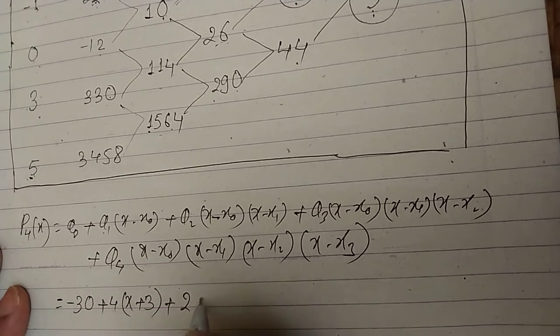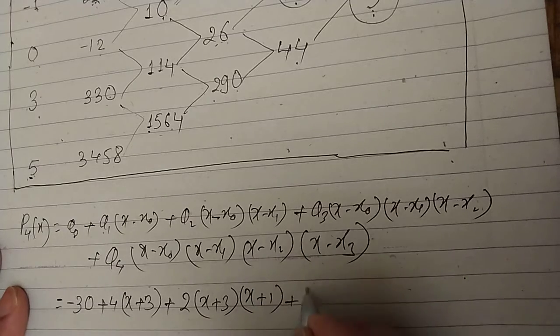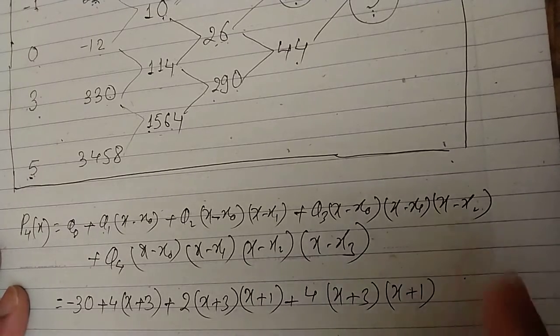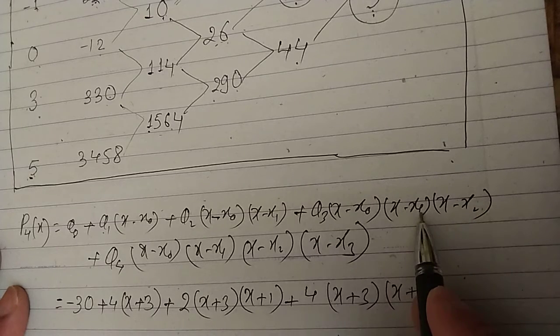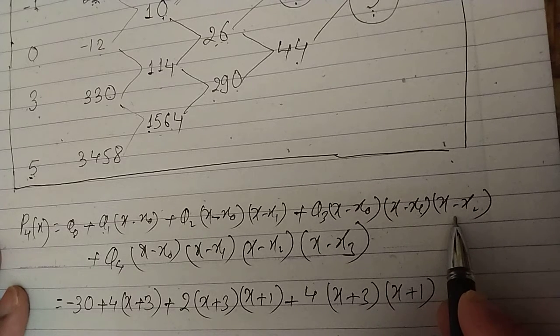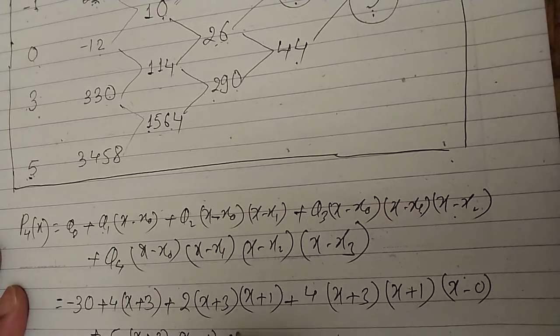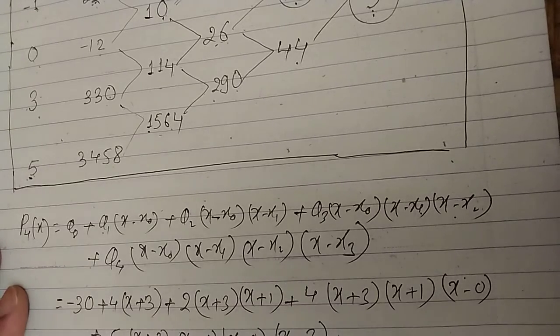A2 is 2, (x plus 3), another point is (x plus 1), plus 4 (x plus 3)(x plus 1), x only. x minus 0 means x. All right, x minus 0, plus A4 is 5, (x plus 3)(x plus 1)(x minus 0)(x minus 3). All right.